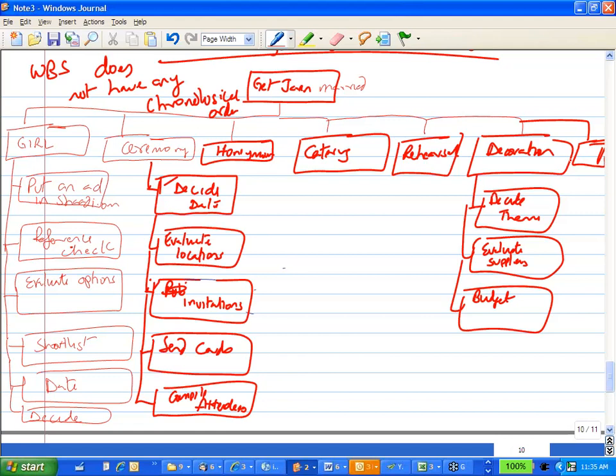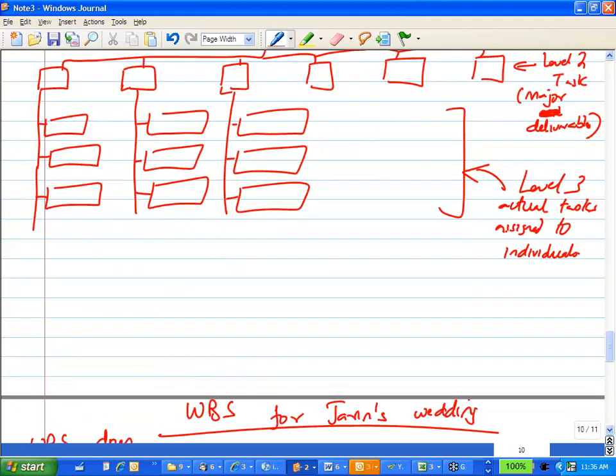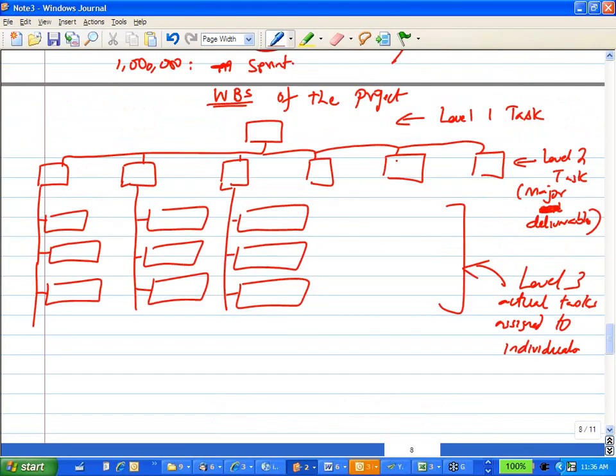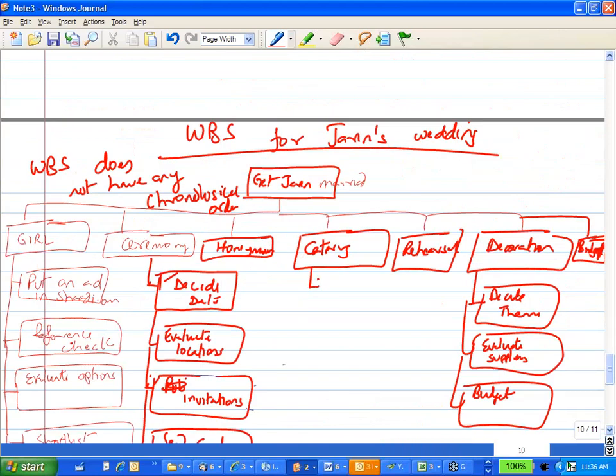So maybe budget can be moved here, is what you're saying, Savinder? Okay, I agree. Maybe budget can become the number 2 task because that's our high-level task. How much money are we going to spend on this wedding? Even catering you should send in. Right, exactly. Catering will have its own sort of thing, right? Food tasting and menu. Yeah, there you go. Exactly.